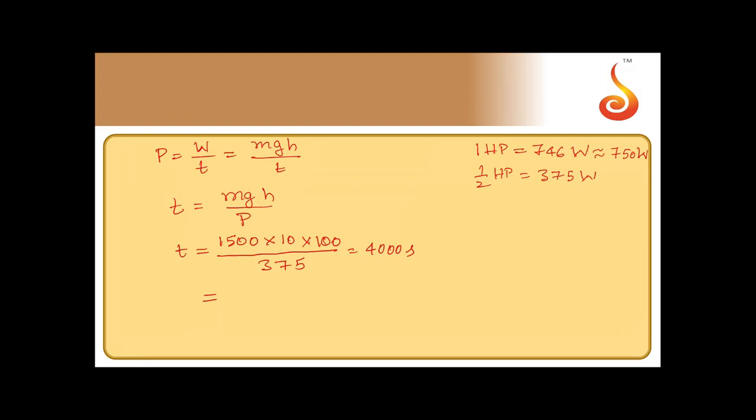So look at the answers. 4000 seconds is not there, they have given it in minutes. So it should be divided by 60. That is about 67 minutes. So that is option D.